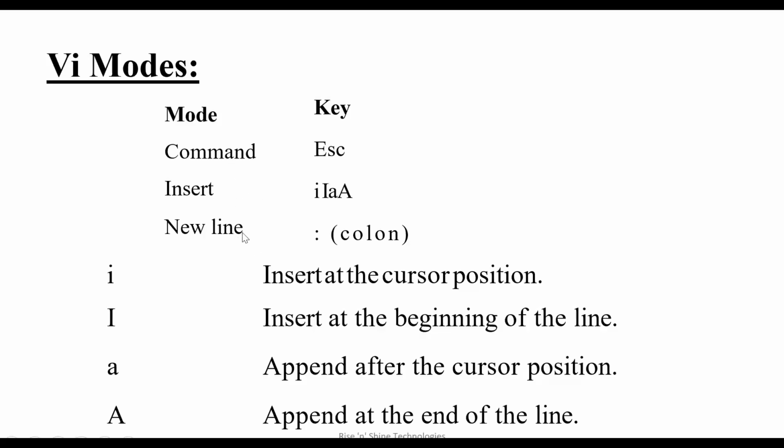Now what are the differences, and how do we use them? How do you switch from one mode to another mode? And what is the default mode that gets opened? Let's quickly understand those points within the vi editor.